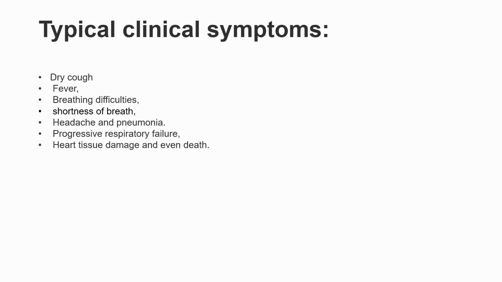In some situations, it can cause problems in coagulation and thrombosis, and sometimes it can affect the heart muscle and cause inflammation of the heart tissue and damage to it. And in the GI tract, because as you know we can find the ACE2 receptor there, it can cause diarrhea, and also fatigue, and loss of smell and taste. These are among the best diagnostic symptoms we can ask the patient about.